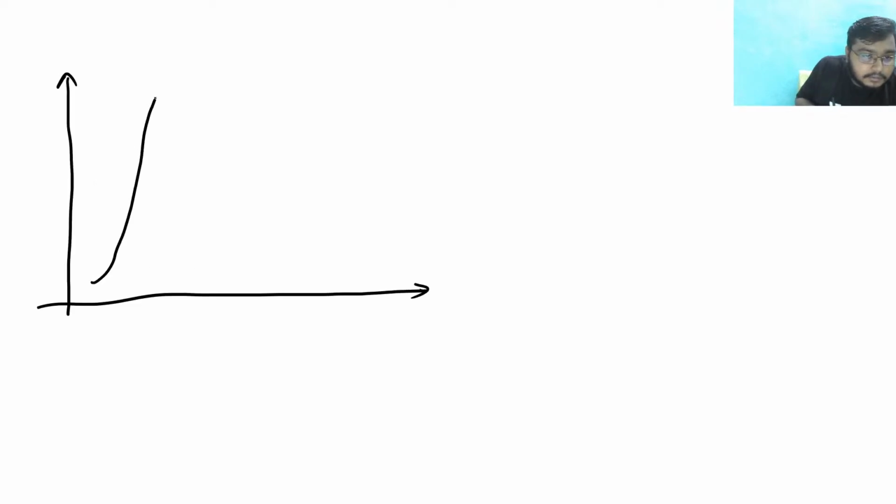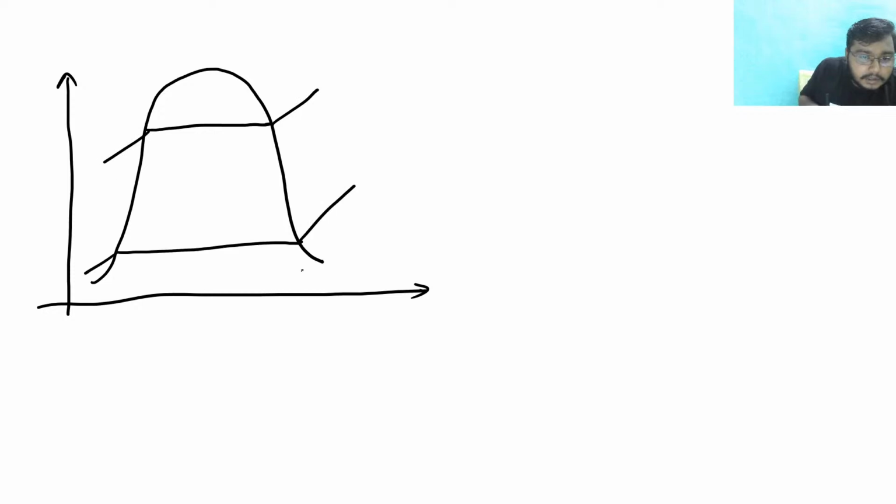See here, this is my pressure, this is another pressure. Suppose this is temperature T2 and this is temperature T1. Clear? Now this is the temperature T2.